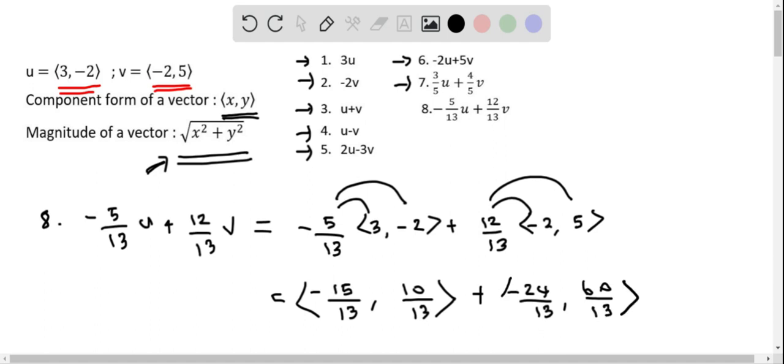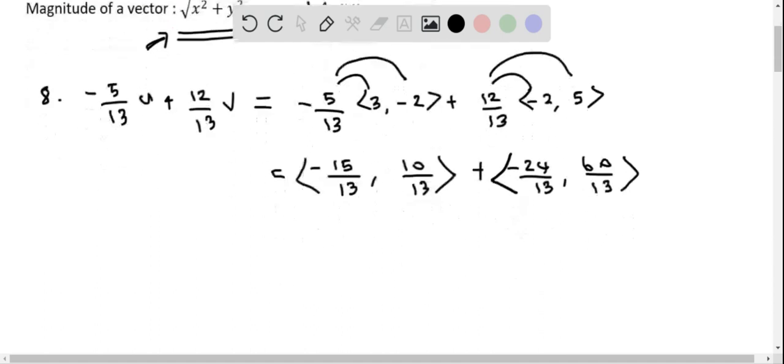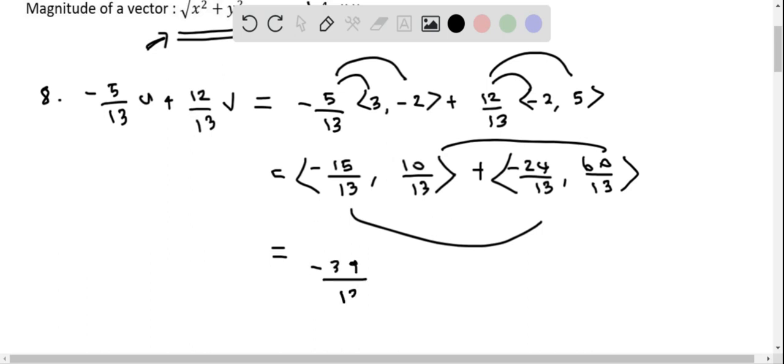Now we just have to add the two vectors, that is corresponding components. So we have to add minus 15 by 13 with minus 24 by 13, and 10 by 13 with 60 by 13. Since the denominator is the same, we can just add only the numerators, which is minus 15 minus 24, and this is equal to minus 39 by 13.